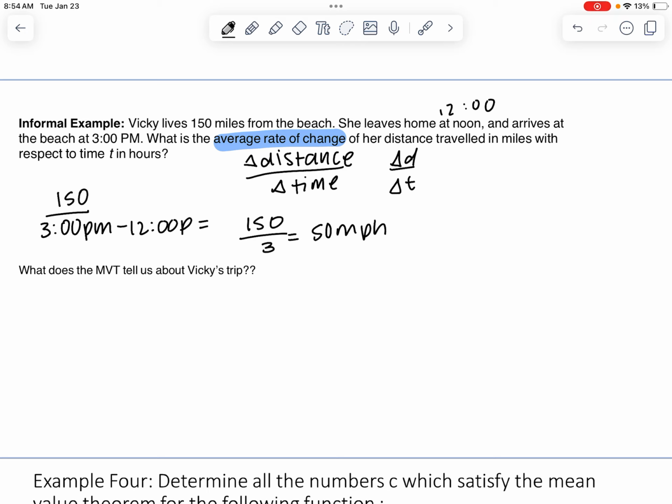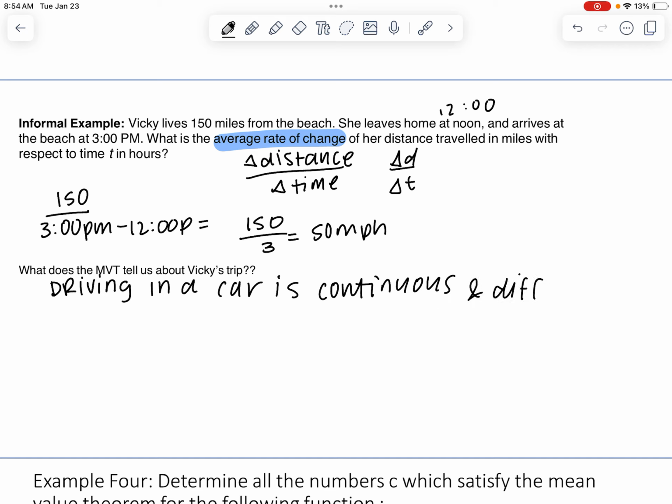The mean value theorem applies here because driving a car is continuous, right? You're not skipping over distances and there's nothing too funky. It's also differentiable. You are always moving. There's nothing weird. It's a pretty consistent idea of a function.